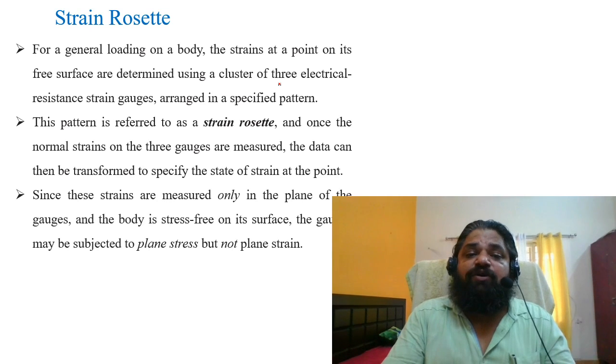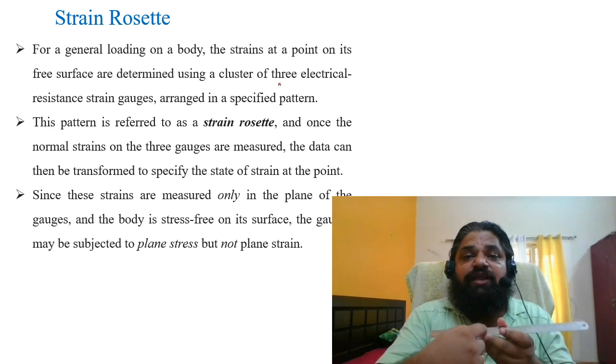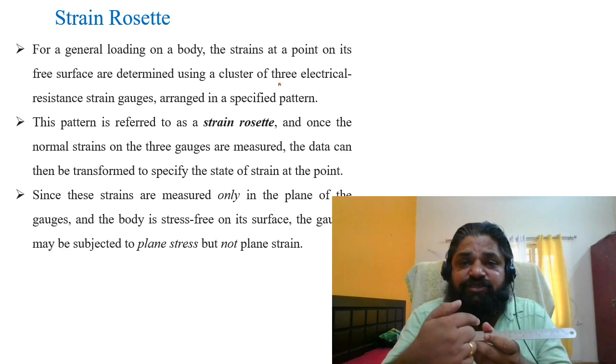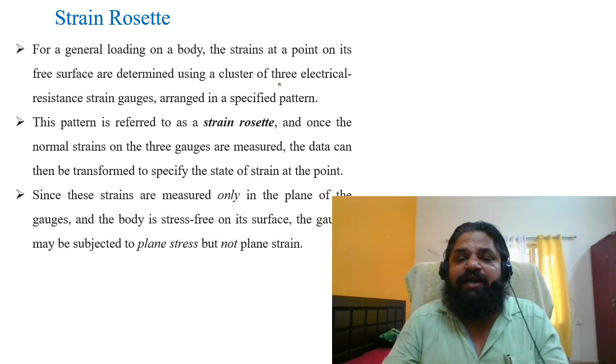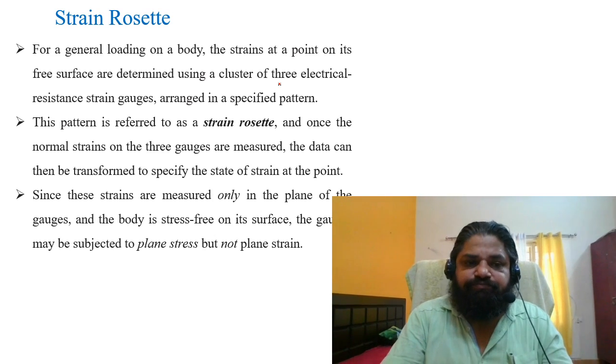This pattern is referred to as a strain rosette, that means how the 3 will be arranged, all 3 along the length, or all 3 along the width, or where you want to find it out. Based on that, the strain rosettes have been classified.